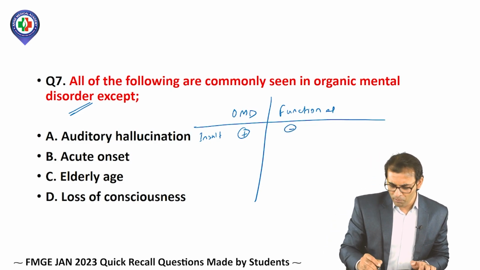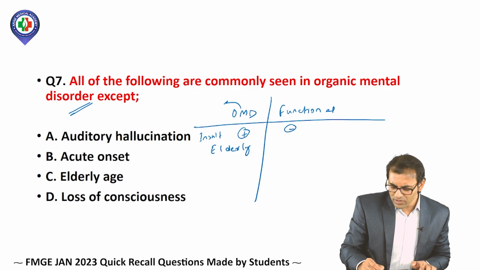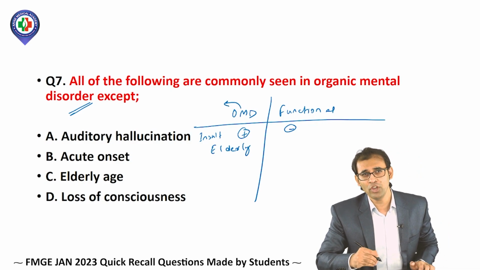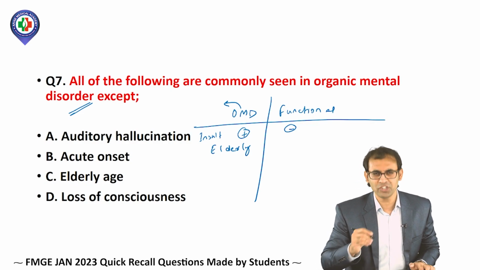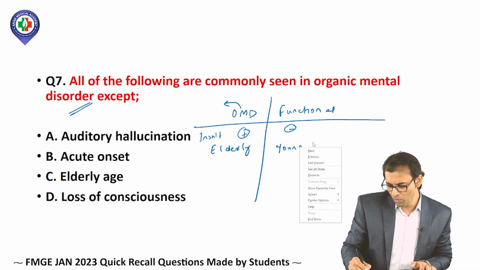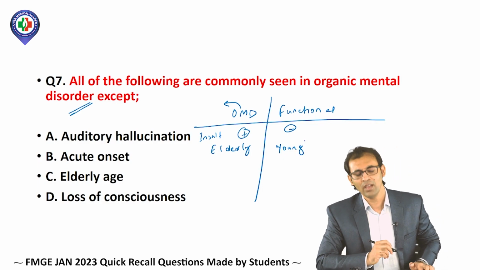Organic mental disorder, mostly it will be seen among elderly people. So what are the examples of organic mental disorder? Like delirium, dementia, amnesia, right? Elderly age problem. But functional can be seen in young age. Mostly this starts in the young age. All right.